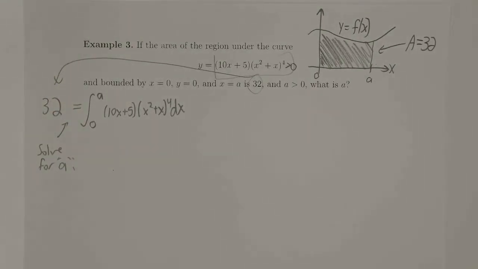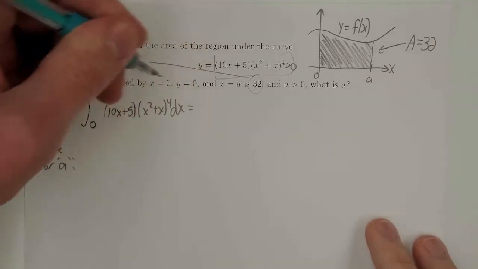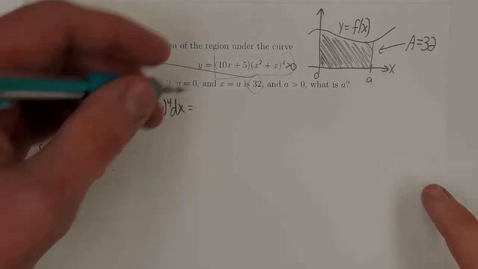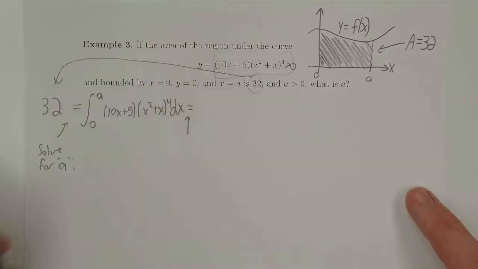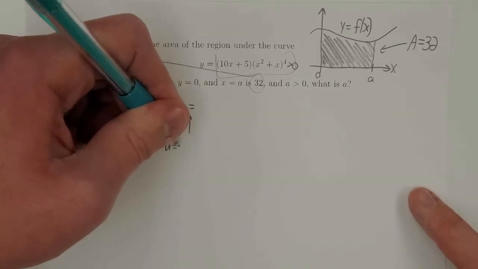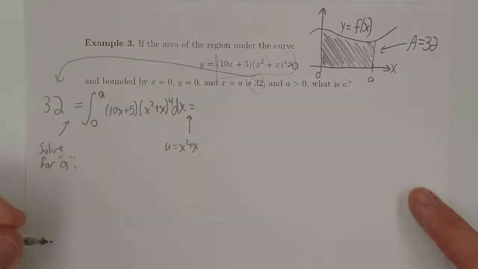So from here, based off the title of today's lesson, well, what should that tell you about the trick we need to use here? So because we're working with substitution, what should that tell you about what our substitution should be in this context? It should be x squared plus x. Yep, u should equal x squared plus x, right?